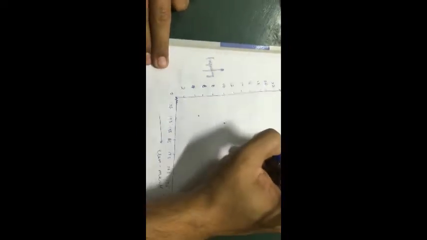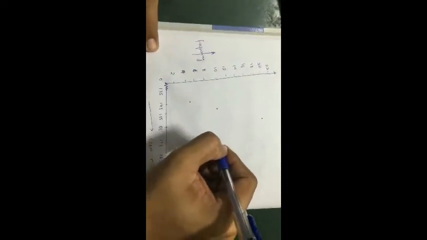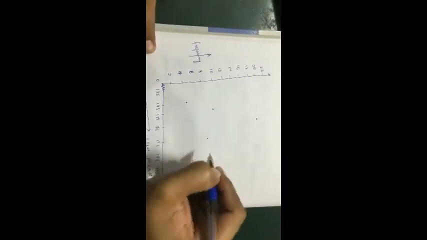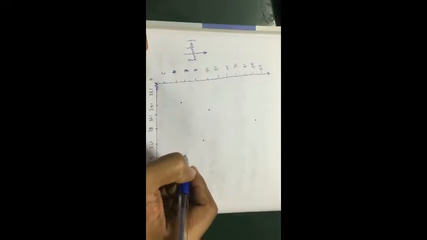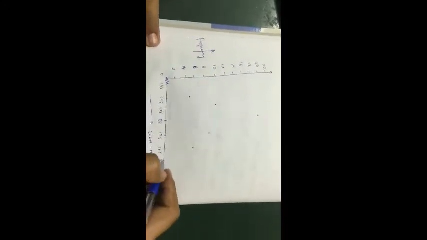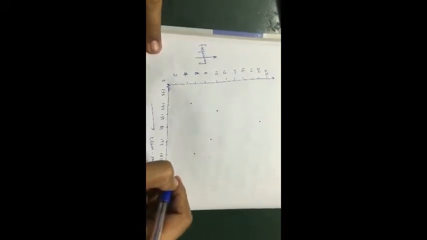Next is 165, the frequency given is 20, so this will go here at 20. Then for 175, the frequency is 9, so we will go in the middle of 8 and 10. For 185 it is given 6, so it is here at 6. And for 195 it is given 2.